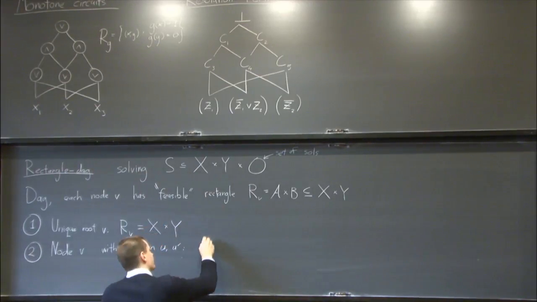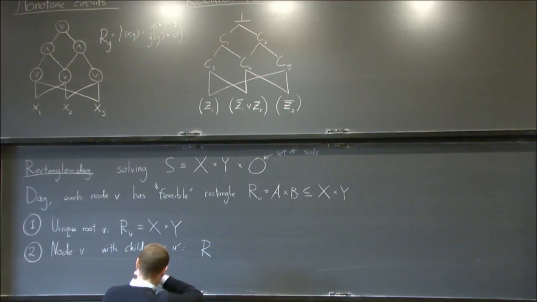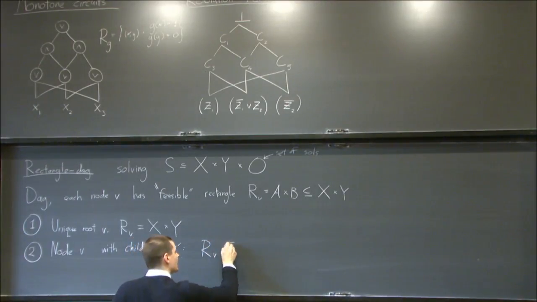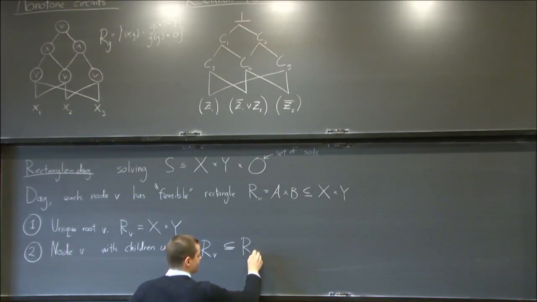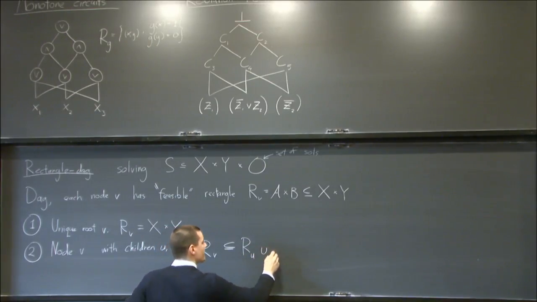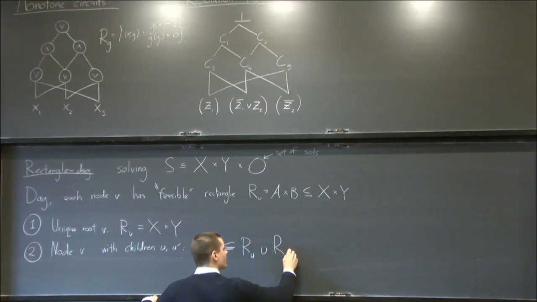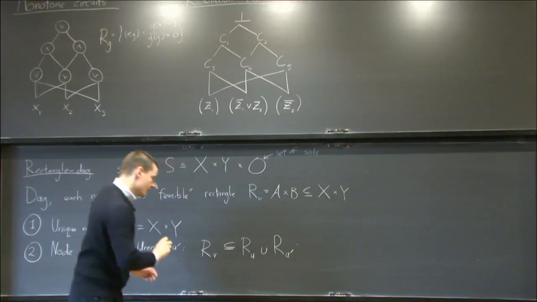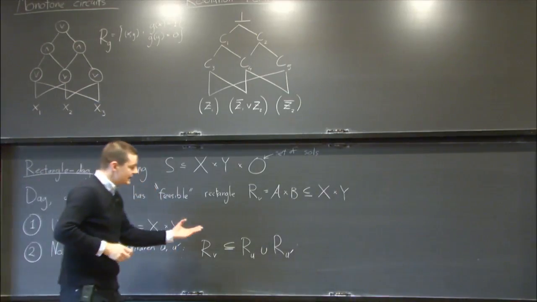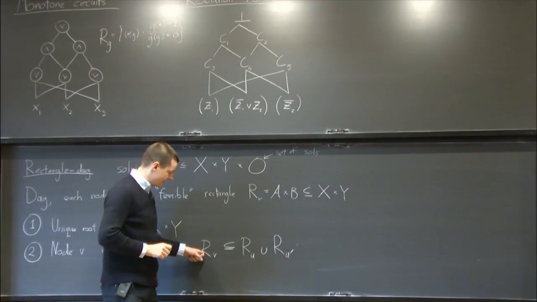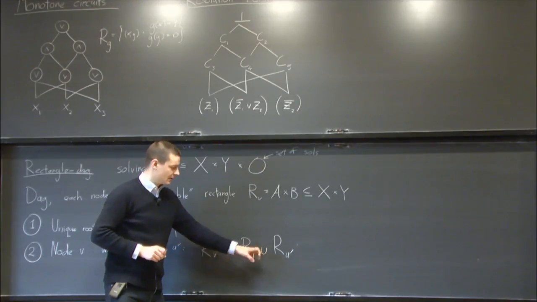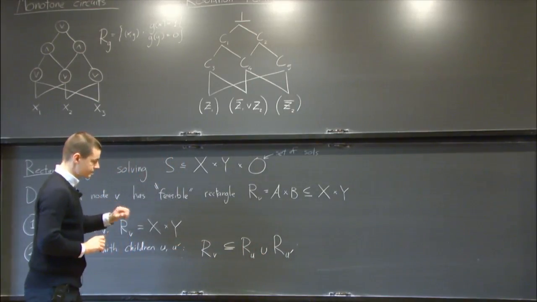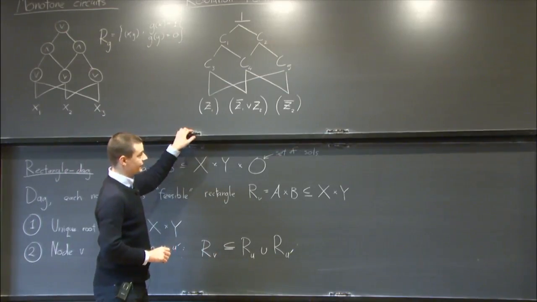Then I require that the feasible set of the node V is covered by the union of the feasible sets of the children. In a tree-like protocol, this would be equality of a disjoint union, but so far we have this generalized notion.